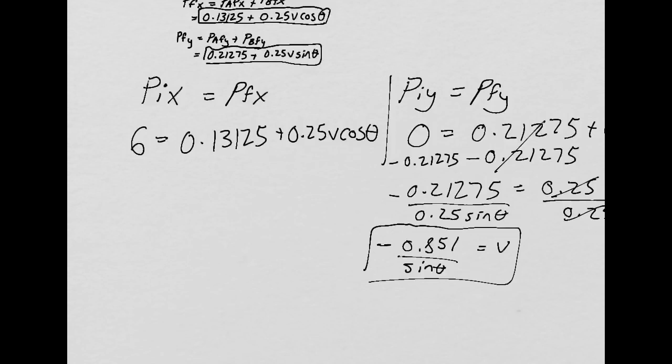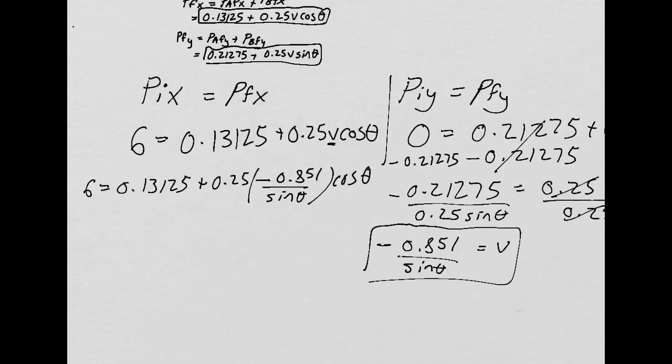So we take this velocity and we're going to plug it in right here. 6 equals 0.13125 plus 0.25 times V, negative 0.851 over sine of theta, cosine of theta. And it's starting to get really algebraically gross, which is why we're going to keep going slow and keep using our signs.